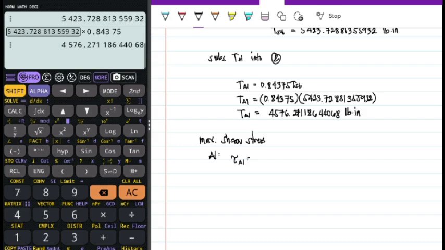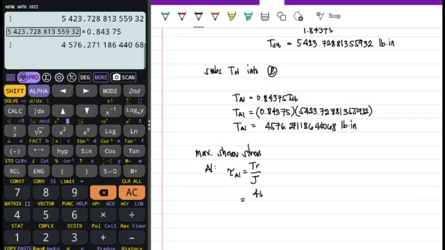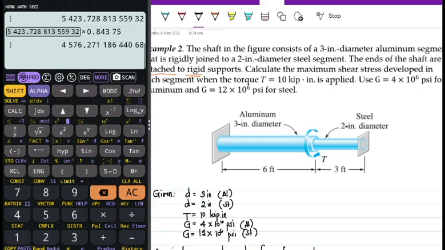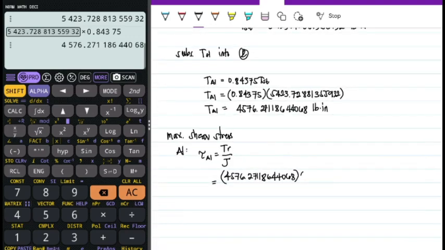Okay, for the aluminum, shear stress is equal to TR over J. And for aluminum, the torque is 4,576.27118644068, and the radius is 1.5 inches, divided by pi over 32 multiplied by 3 inches to the fourth.